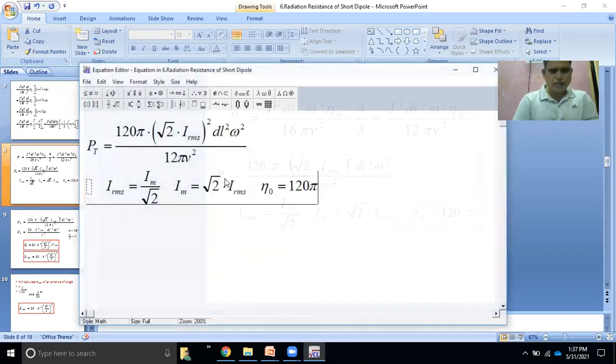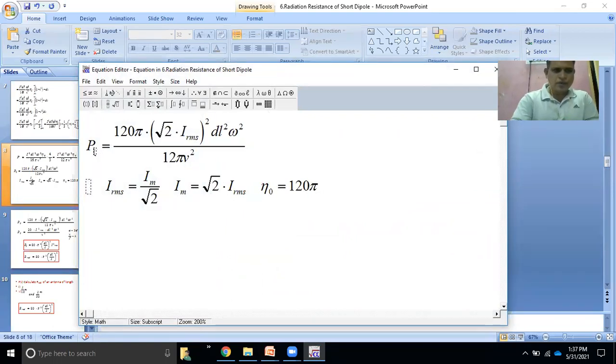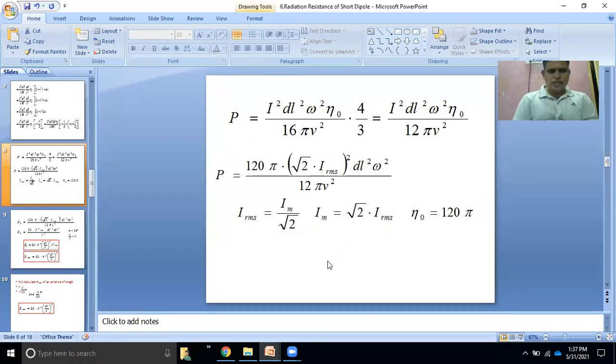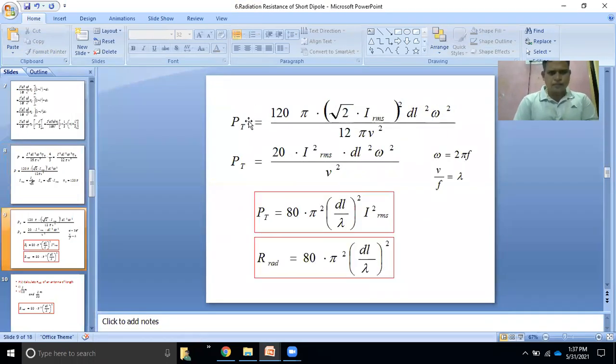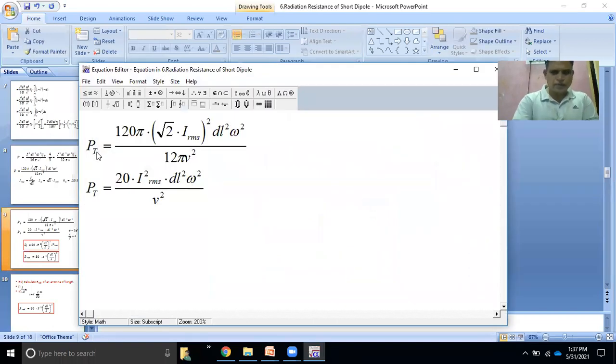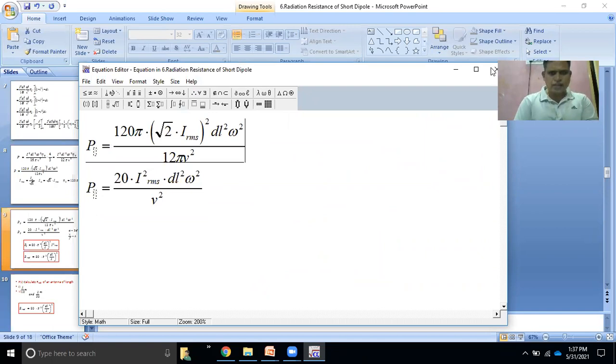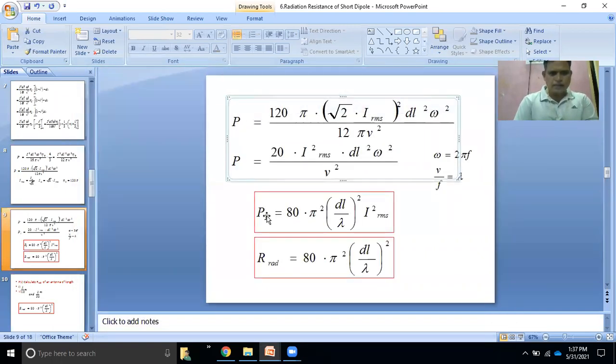Similarly here also, this P indicates the total power. I will change it here also. This is the total power.